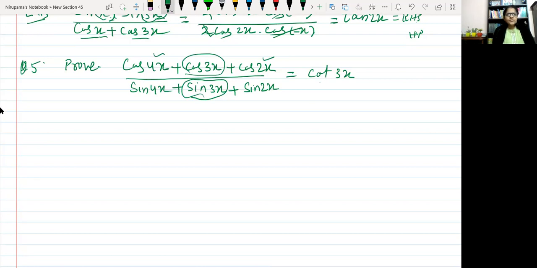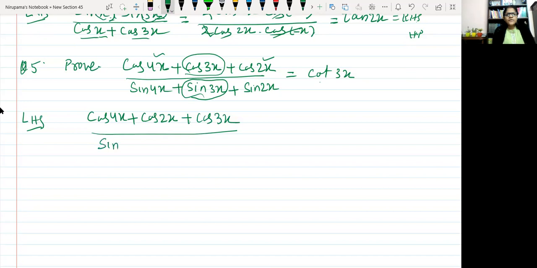So in such questions, what you need to do is take cos 4x plus cos 2x. We can group in this way, and we will leave cos 3x like this. And here also sin 4x plus sin 2x plus sin 3x.